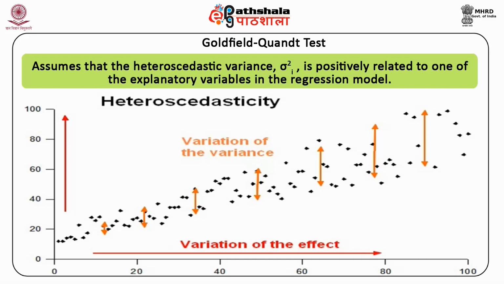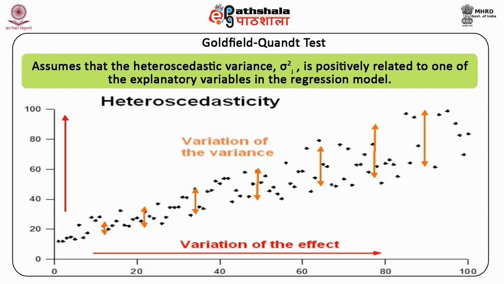In the next step, calculate the ratio f, which is equal to RSS 2 divided by RSS 1, which has an f distribution with n minus c minus 2k divided by 2 degrees of freedom, both in the numerator and the denominator, where n is the total number of observations, c is the number of omitted observations, and k is the number of explanatory variables.